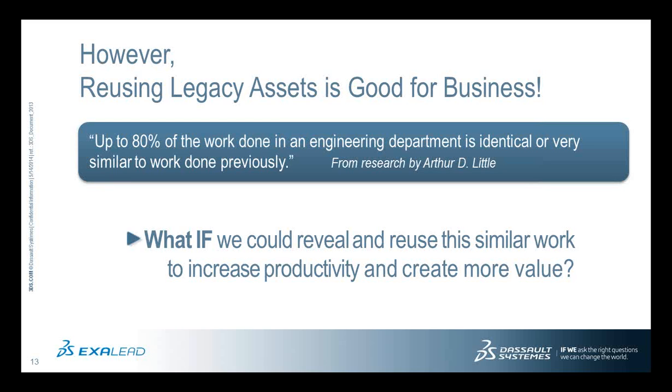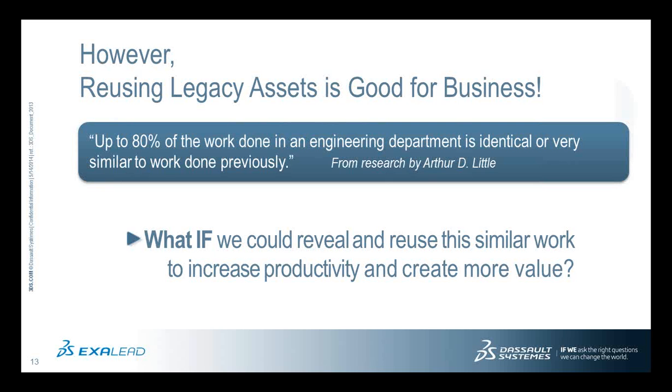So what if we could use a tool that's going to help us find duplicate parts so that we could reuse them, or at least minimize the creation of new things? That's really what EXALEAD OnePart is intended to do.